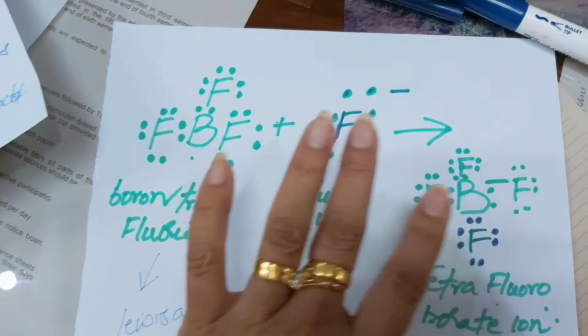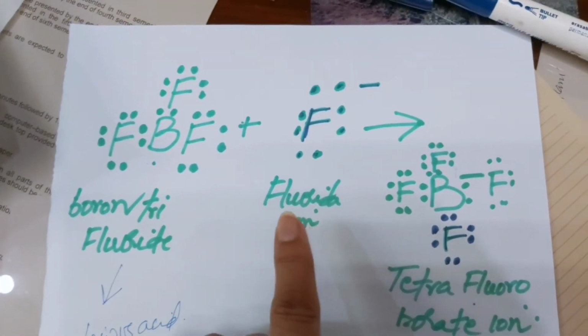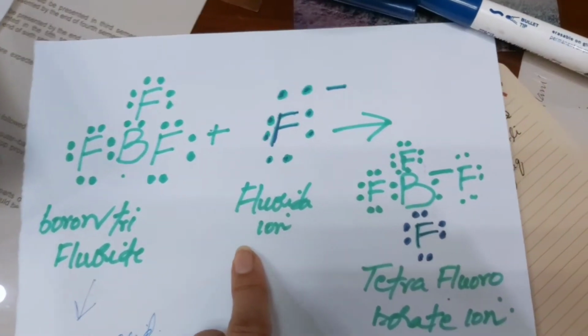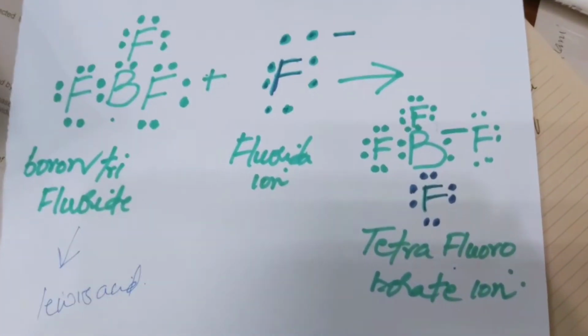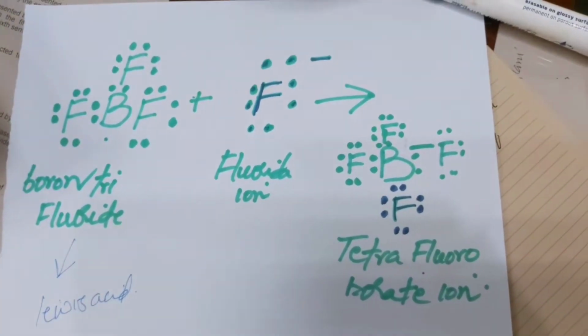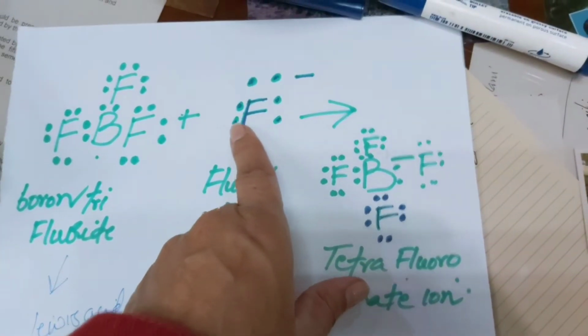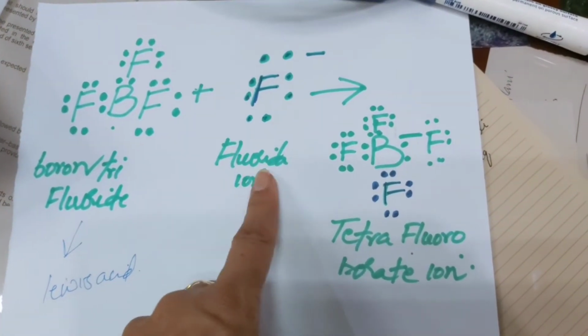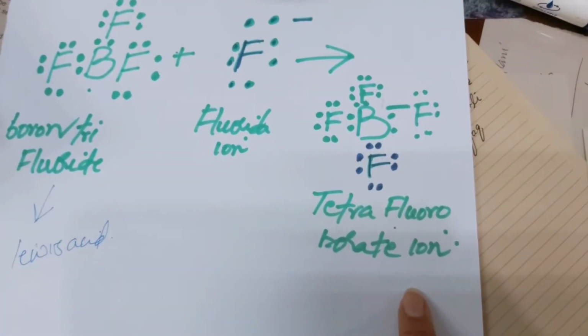I hope you understand these lines and this reaction. Here this is acting as a Lewis acid, and this fluoride ion is acting as a Lewis base, and they add up to form this tetrafluoroborate ion.